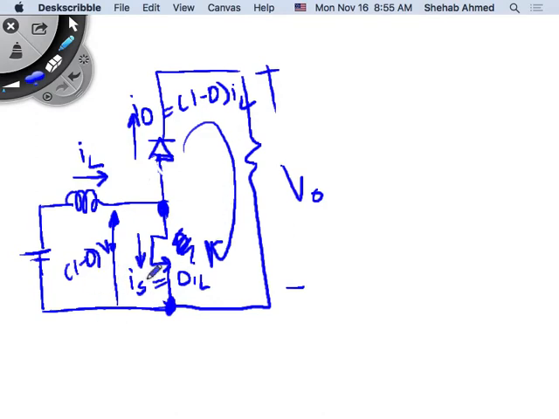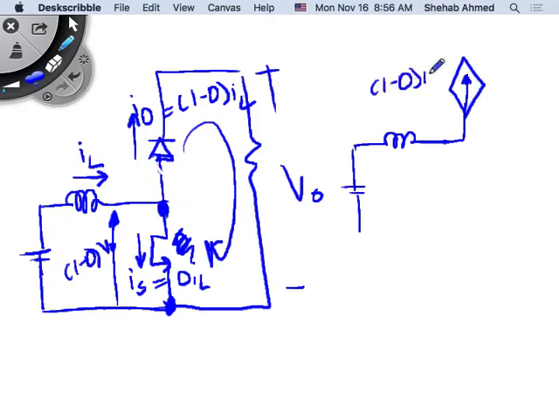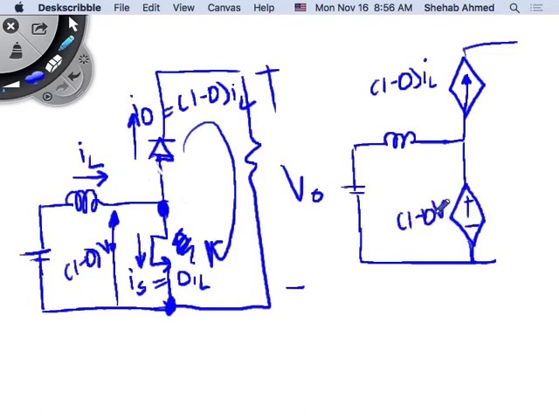So I can now represent this in this fashion. I can put my current source here, and this current source would have a value of 1 minus D times IL. And I can put my voltage source here, and it will be equal to 1 minus D times V output.